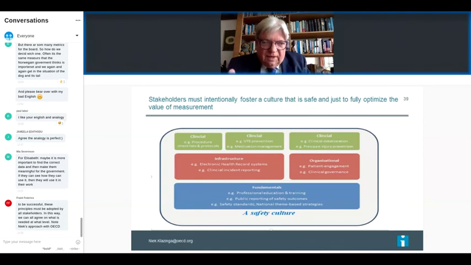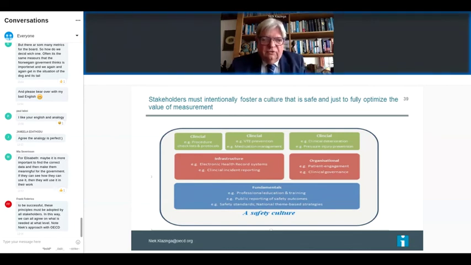You see them here again, the classical safety issues, and we try to broaden that to other settings. As I said, clinical safety should also be applied in long-term care and in primary care, but it's linked to the data infrastructure and it's linked to the organizational structure.